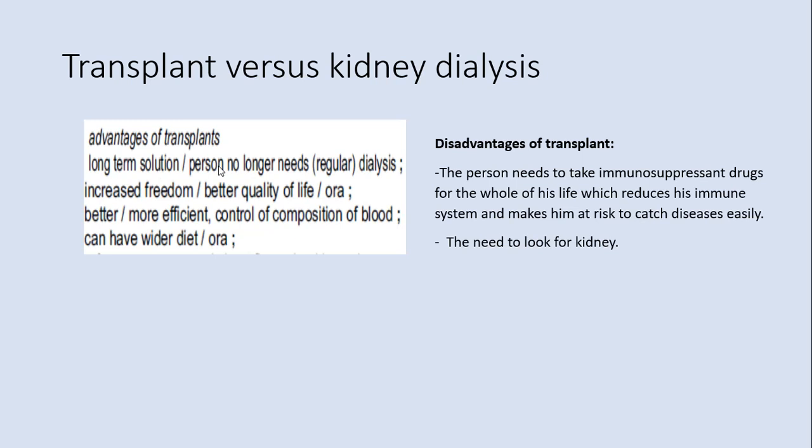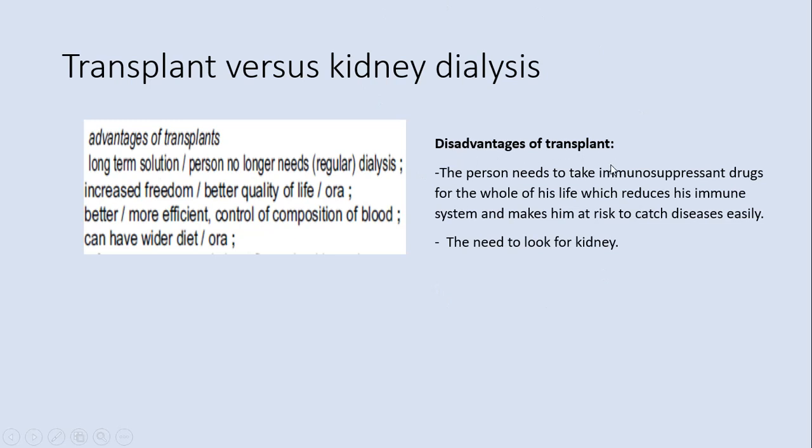That's why he can eat a wider variety of diet and drink lots of water, have lots of salts, but within a range also, not like a healthy person, but better than with dialysis.